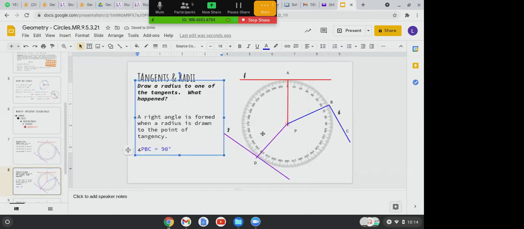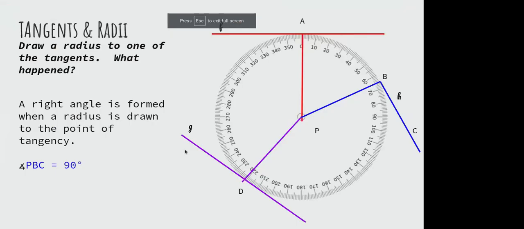Again, if we had other letters out here, we would also say PD. Since we're going to the right, PDR is 90 degrees.